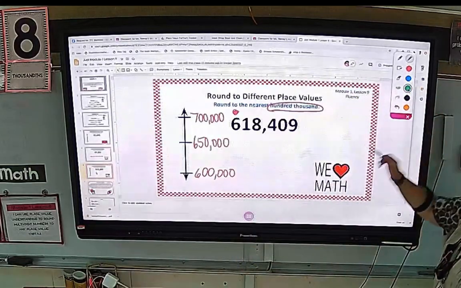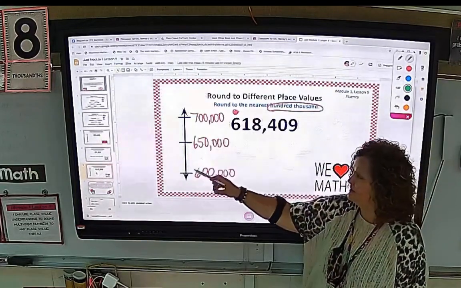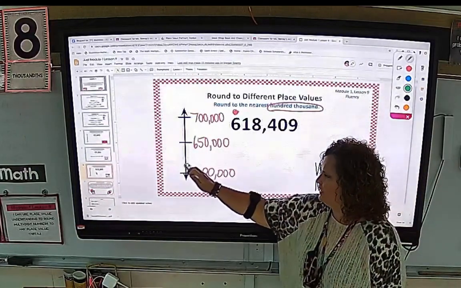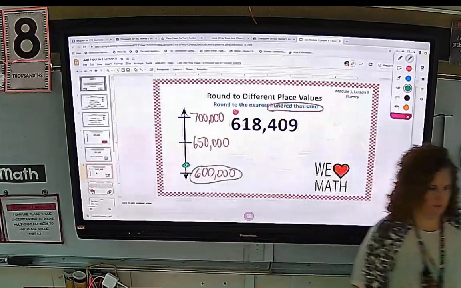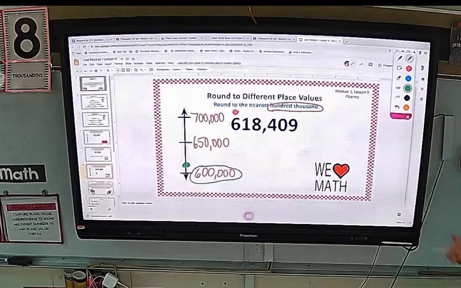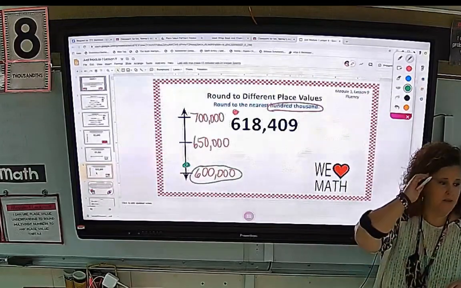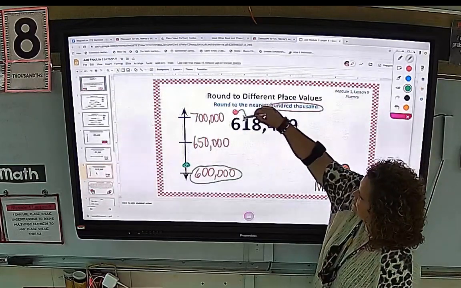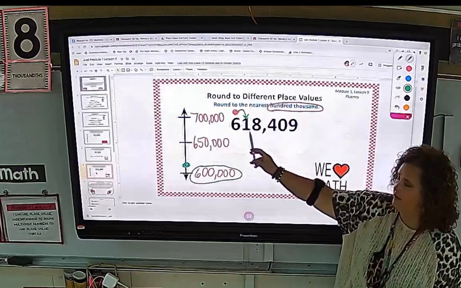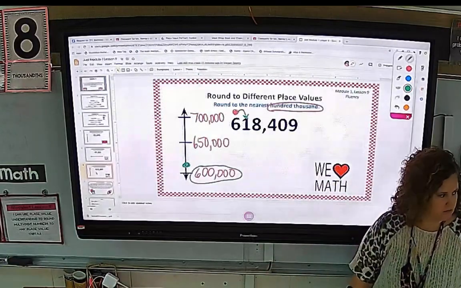If you put that on your number line, 618, a lot less than 650, would be somewhere down here, closer to this number. But if you looked at this and said, I want to do it the other way, you find your place value and look next door. If it's 5 or greater, add one more. Is that 5 or greater?